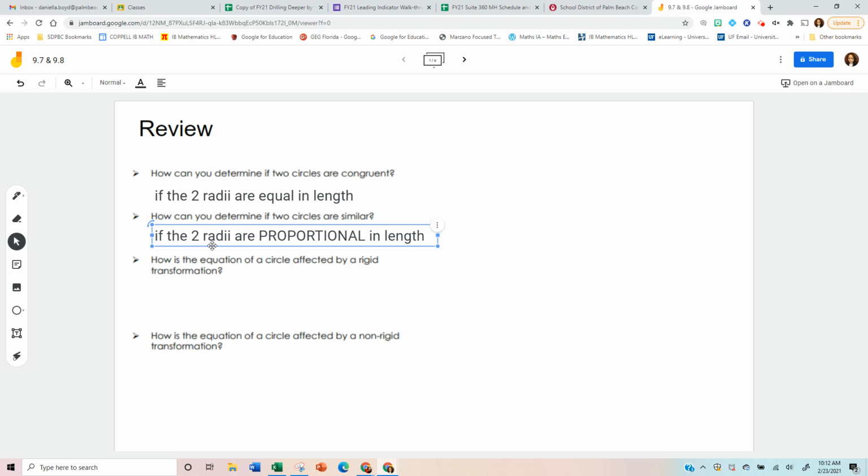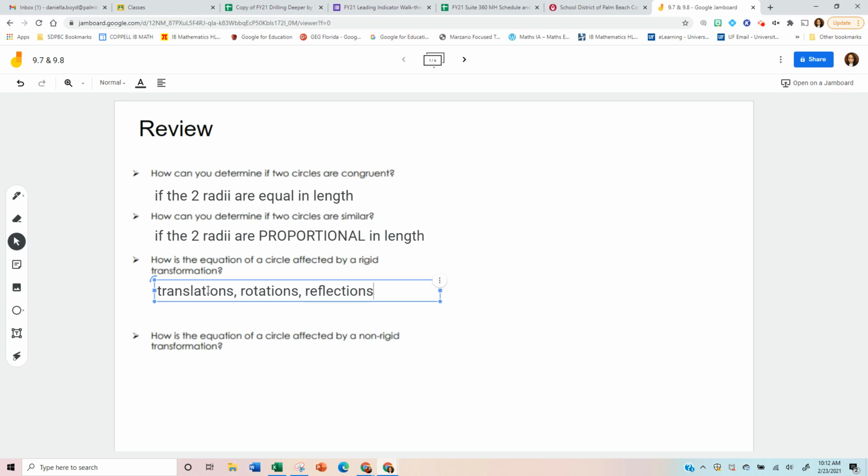So in this case, your rigid transformations would be things like translations, right? Side to side, up and down movement. It would be your rotations, and your reflections.